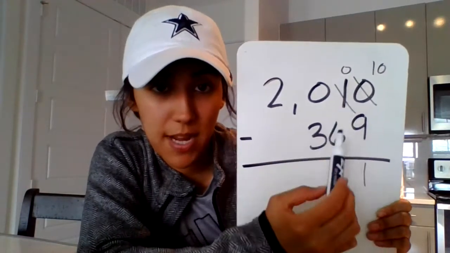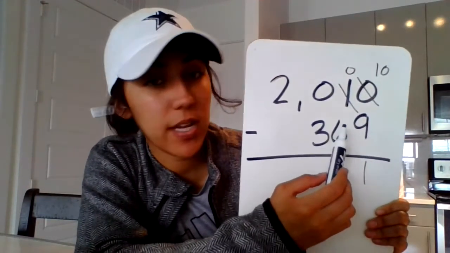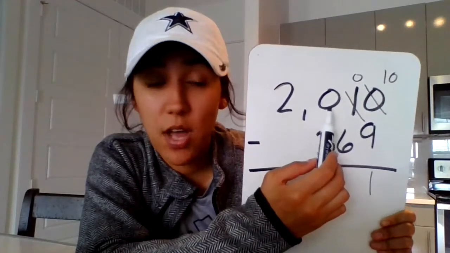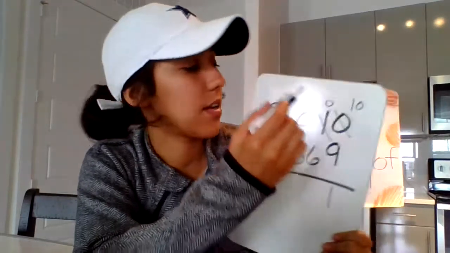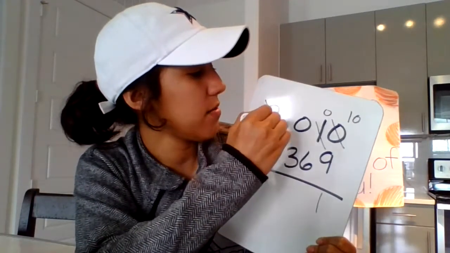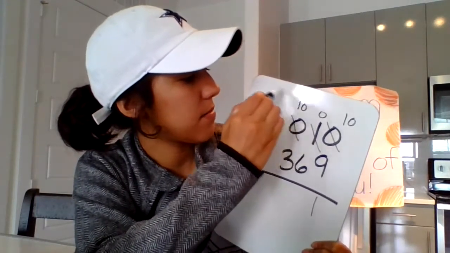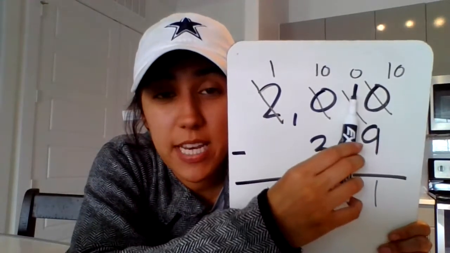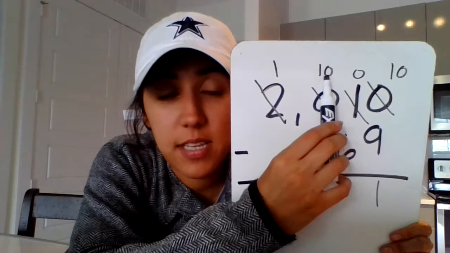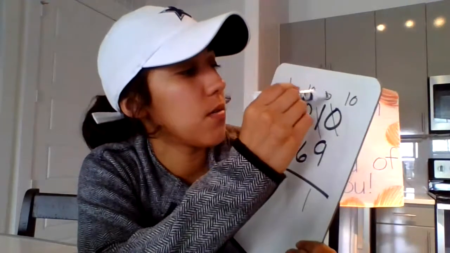Next, 0 minus 6. I know I can't do that, so I got to go to my next door neighbor. They don't have anything for me to borrow either, so I have to go to my next door neighbor, and they're going to give us some. So he's going to give us 1. That makes this a 10. But this one is still needing to borrow, so this 10 is going to give 1 to this 0.